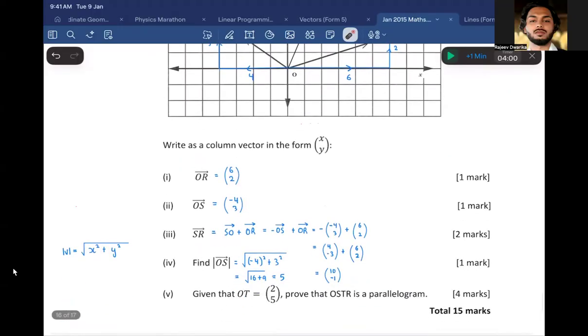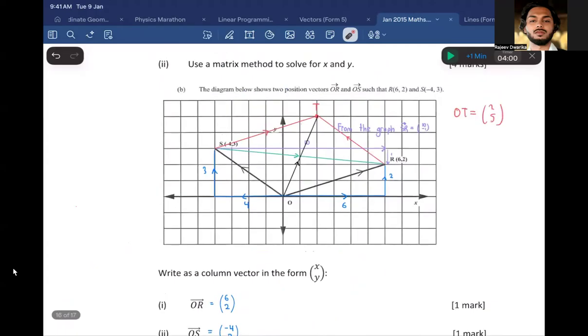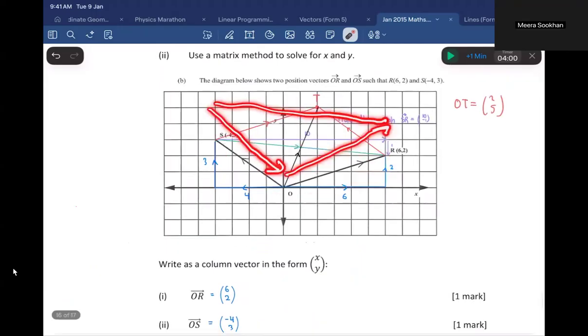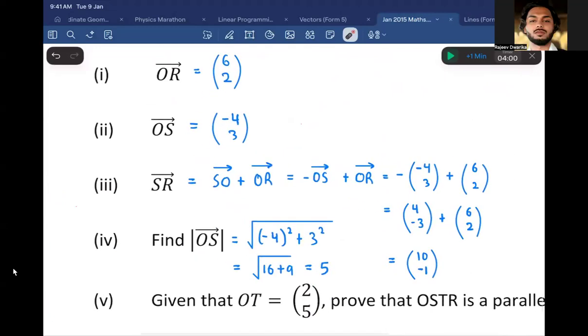Simple. If I want to go from S to R, wouldn't I have to go from S to O and then O to R? Yeah, S to O plus O to R. But do I have a vector S to O? Tell me, Mira. Well, not in the explicit form. Like, no way am I seeing SO is equal to the answer.